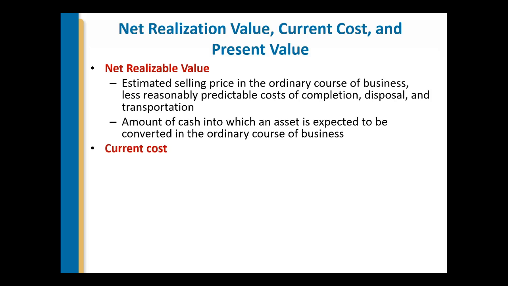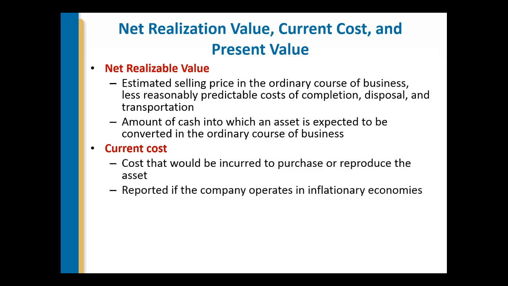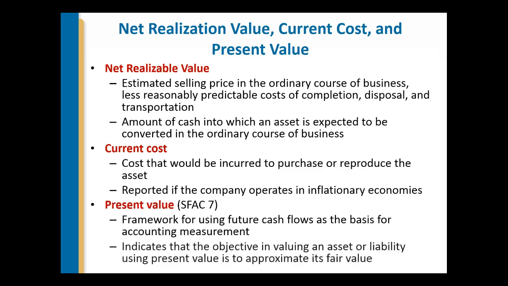Companies sometimes report current costs, particularly if they operate in inflationary economies. The current cost of an asset is the cost that would be incurred to purchase or reproduce the asset. Present value is important because of its importance to many accounting measurements.